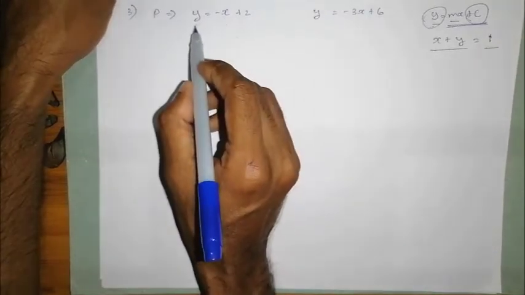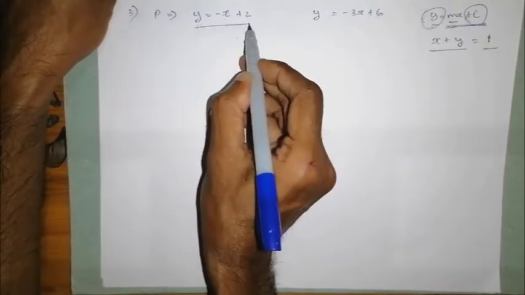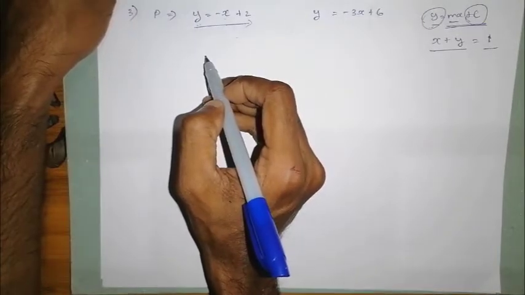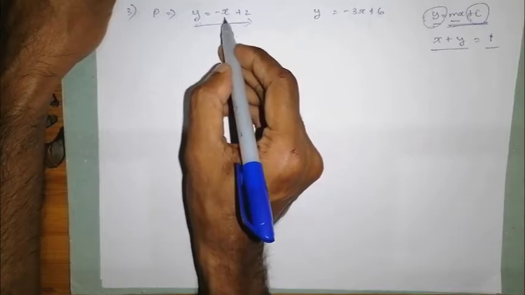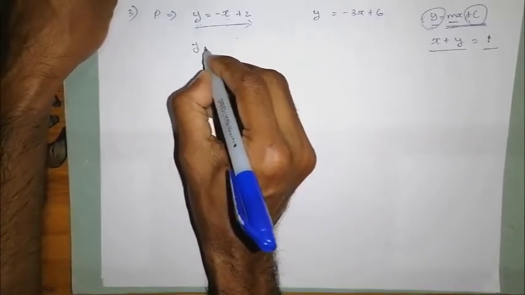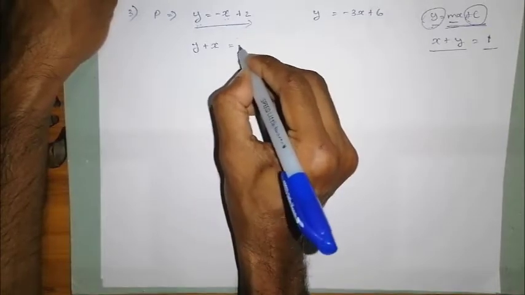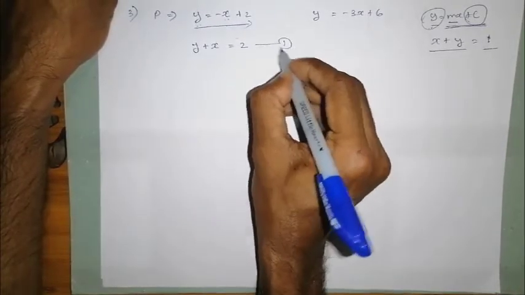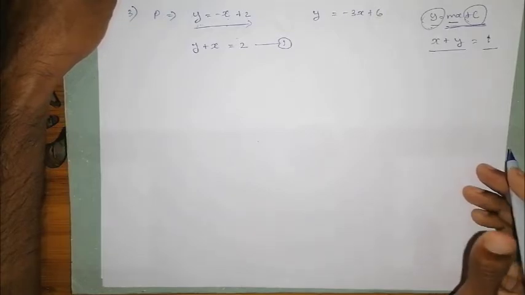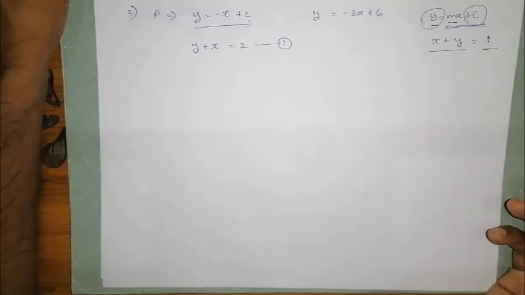So we are going to change the given linear equation into a simultaneous equation. Change the position of x to the other side of the equation. So y plus x is equal to 2. So we can imagine each and every linear graph equation as a simultaneous equation.